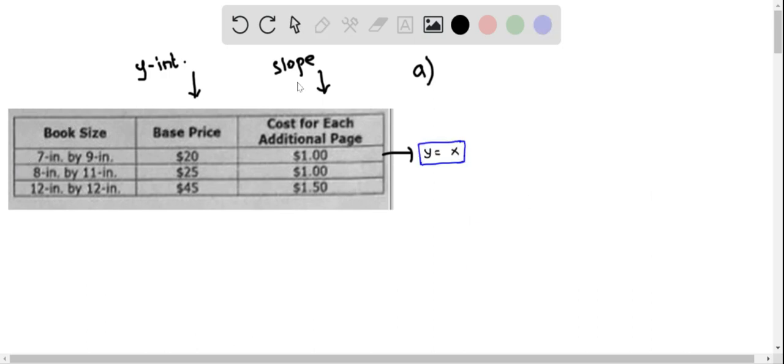Now we do the second book size, that is 8 inch by 11 inches. Here we write the equation y equals mx. The slope is 1, that is 1.00 times, instead of x, we have to write x minus 20, because the number of pages is at least 20 pages, plus the y-intercept, which is 25 here.